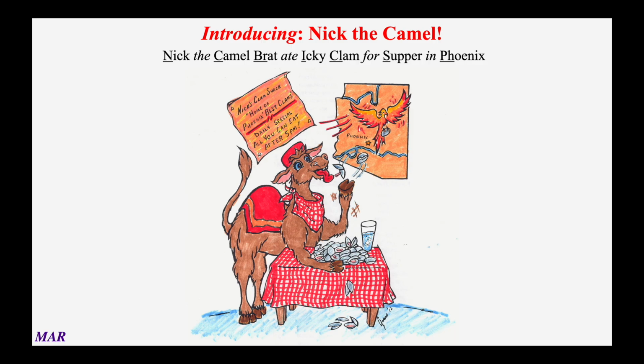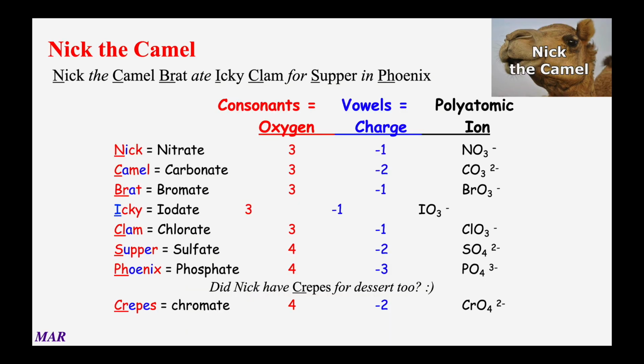And if you look at the top right there, Nick the Camel Brat ate icky clam for supper in Phoenix. And you're probably like, okay. But notice there that I've underlined some of those pieces there. And the underlined part represents one of the polyatomic ions. So for example, Nick, the first one there, Nick is a reference to nitrate. In Nick, you can see the red letters.